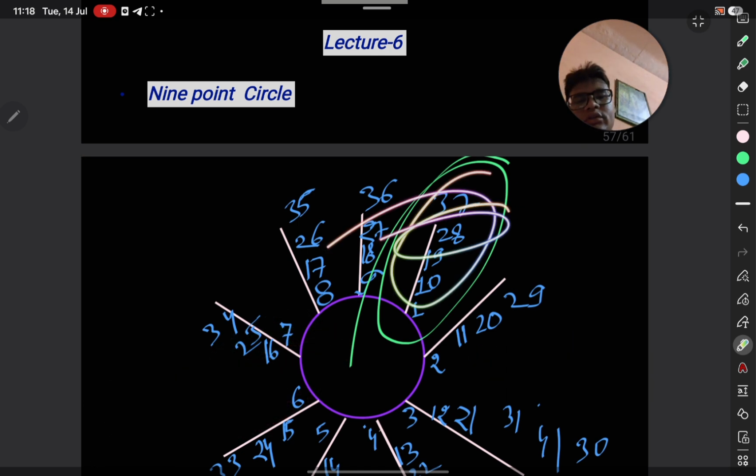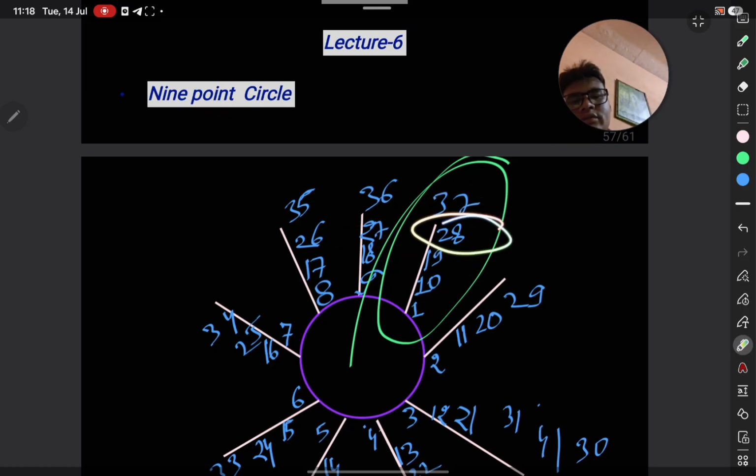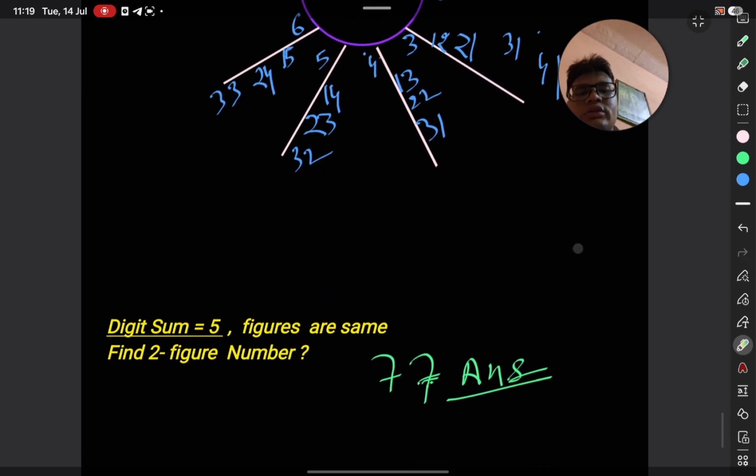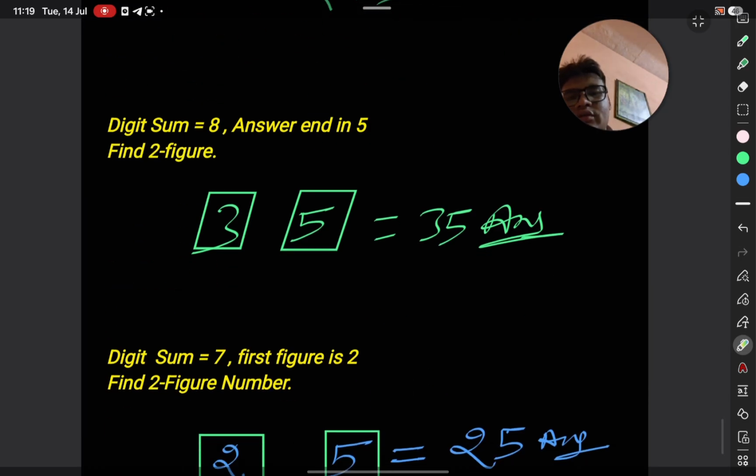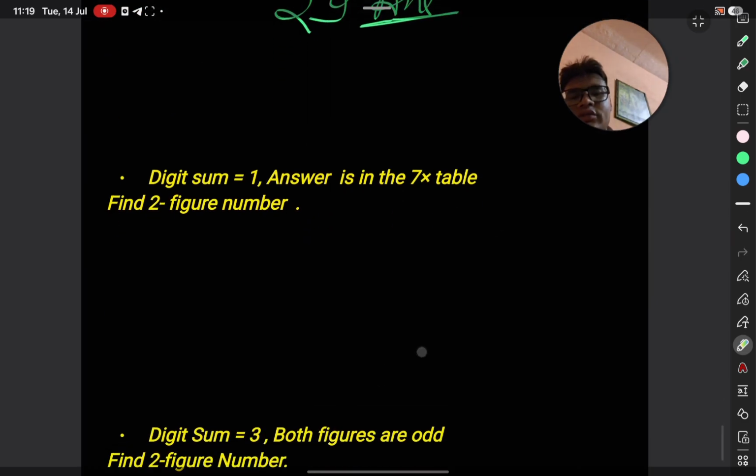This is the answer to this question, the number which satisfies both conditions. This number 28 has digit sum 1, and it also lies in the table of 7. So we have to write the answer to this question.